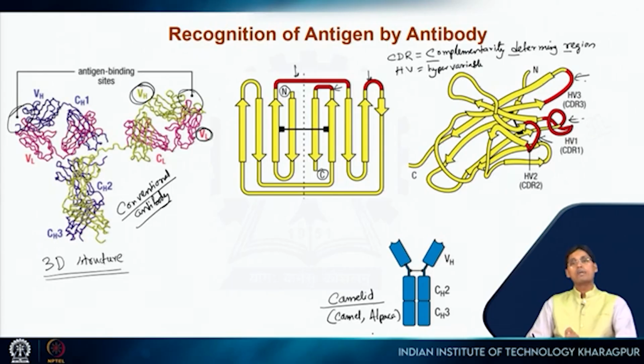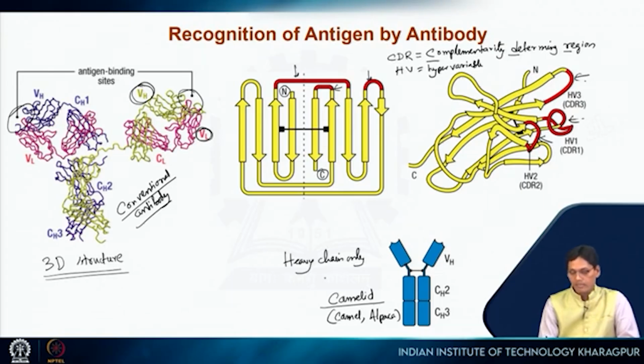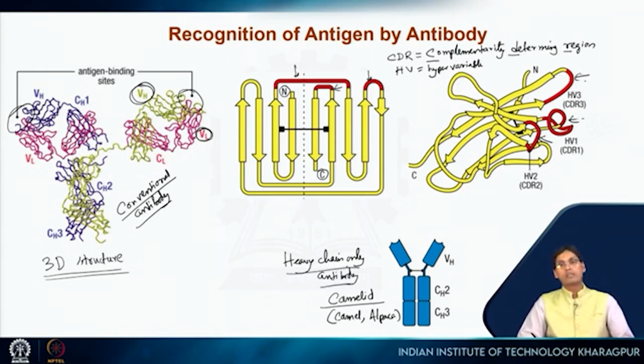This is called heavy chain only antibody. Why? Because as you can see, they don't have light chain. Somehow they evolved in such a way that this is good enough to capture antigen, right?